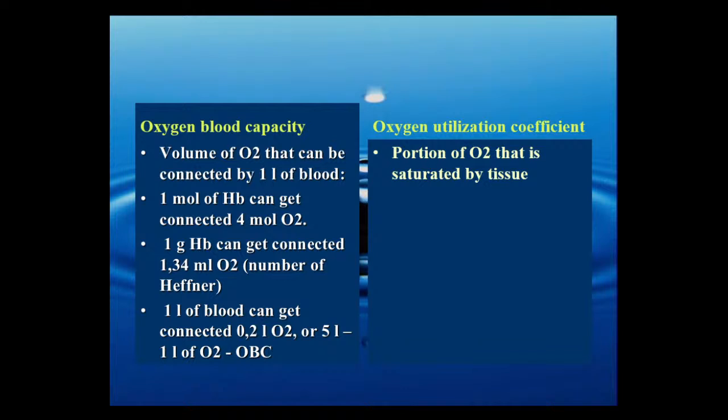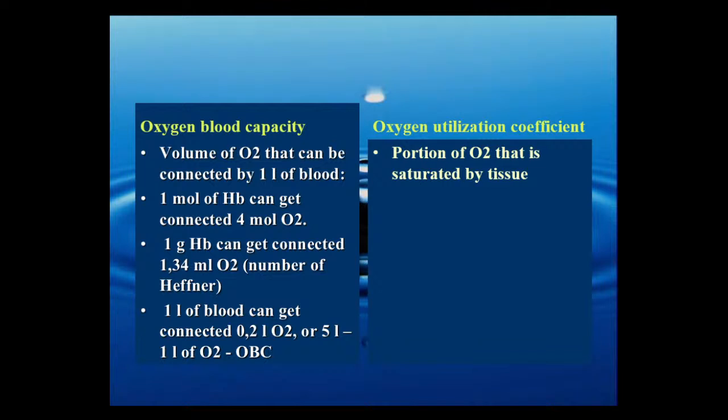Some terms which we use in order to describe this process: oxygen blood capacity is the volume of oxygen that can be connected by 1 liter of blood. In order to determine this capacity, we need to know that 1 molecule of hemoglobin can connect 4 molecules of oxygen.